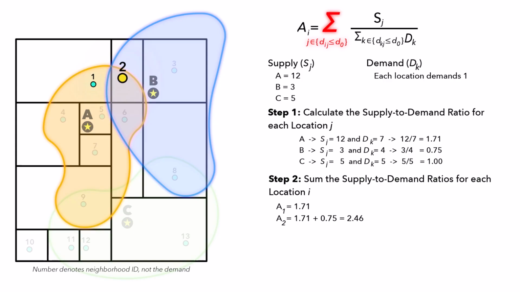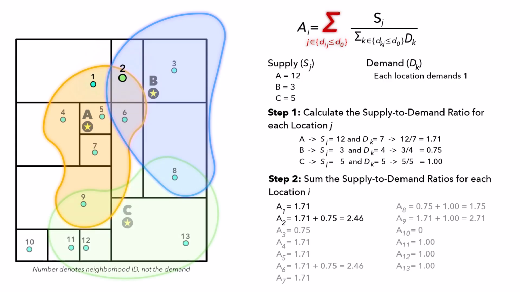If we repeat these steps for all the neighborhoods, we can calculate accessibility scores for each individual neighborhood. If we look at the pattern here, we can see that some neighborhoods have more access than others. And we have a measure of how accessibility varies across this particular town.